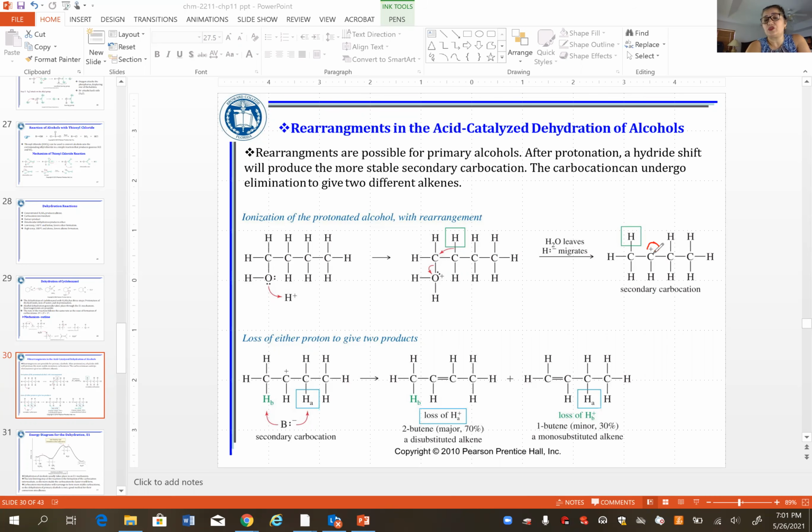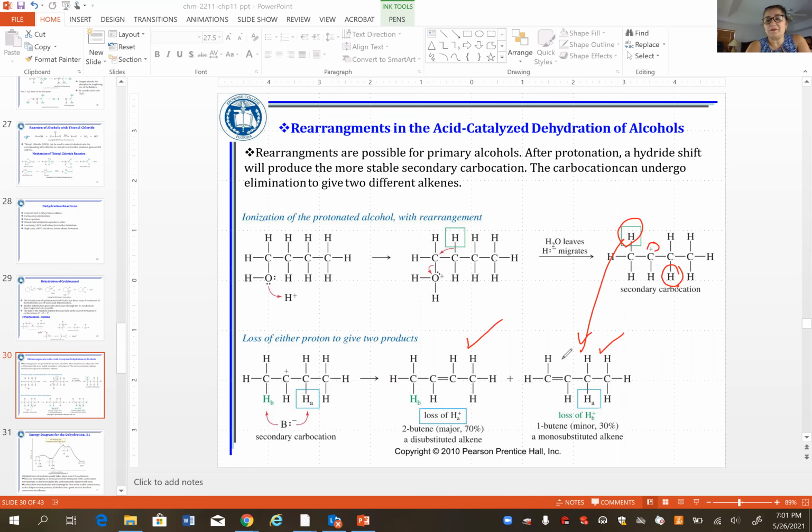This carbon has two adjacent carbons. One is on the left side, and the other choice is on the right side. So if you remove from the left side, you would get this product. If you remove this hydrogen, you would get this product. If you remove from the right side, you would get this product.